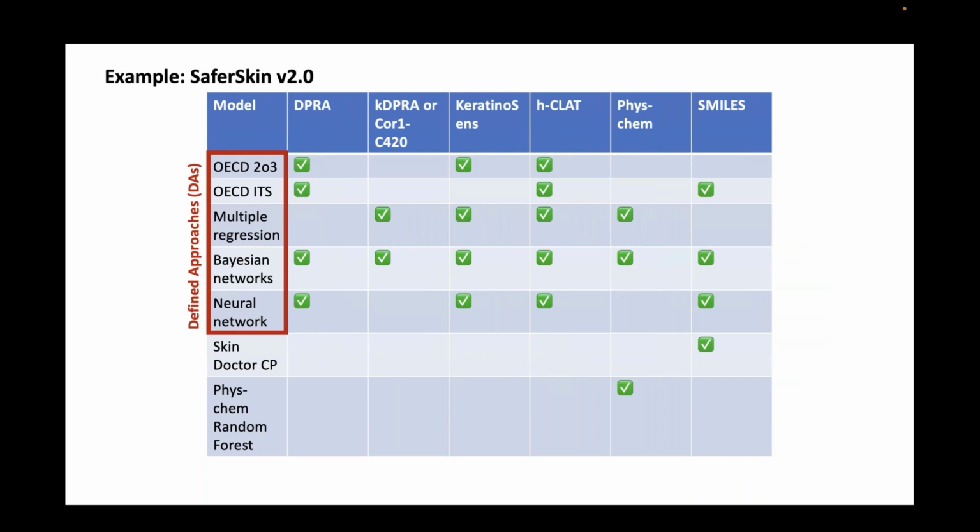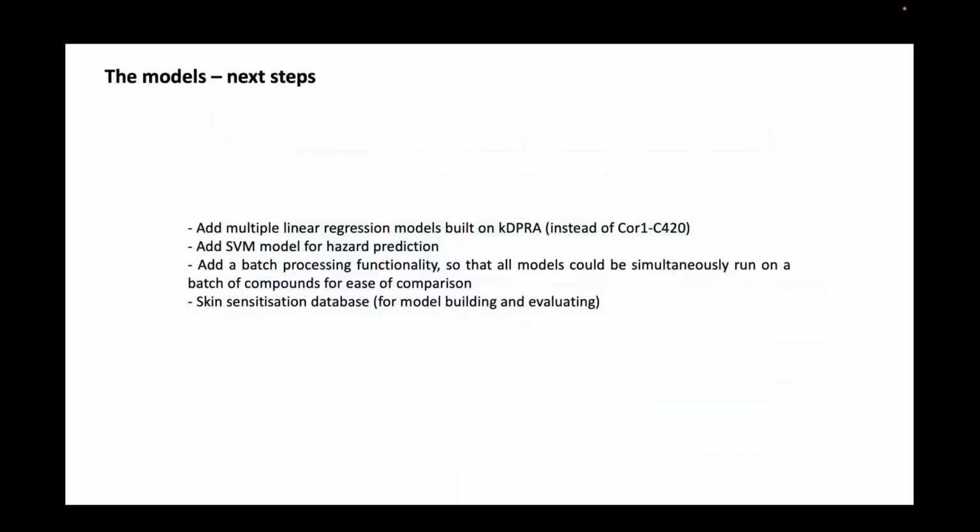And maybe on the next slide, I have just some next steps, what we still plan to build into the SaferSkin application. So one thing is to extend multiple linear regression models to use those from the newer paper that are built on the kinetic DPRA instead of the Cor1C420 assay.